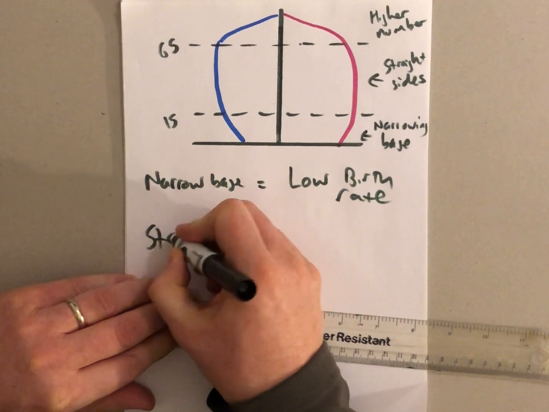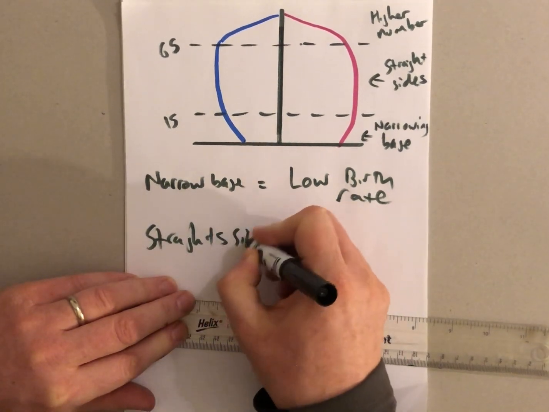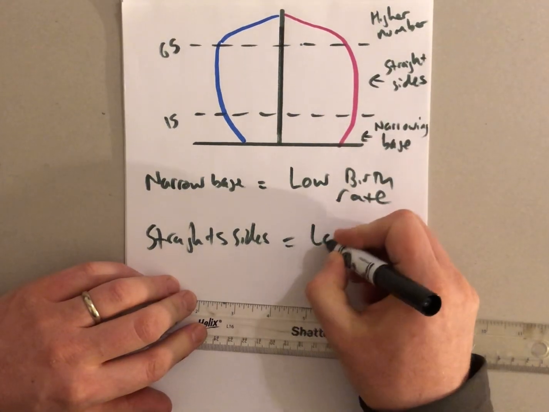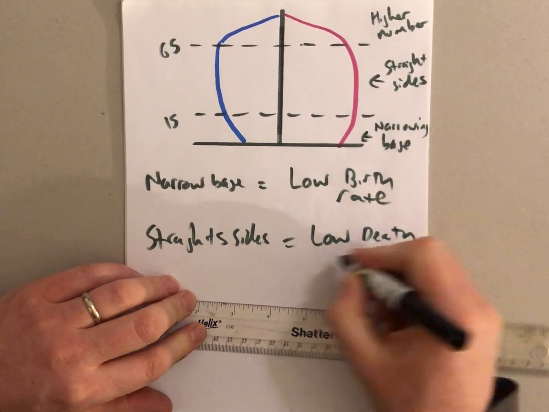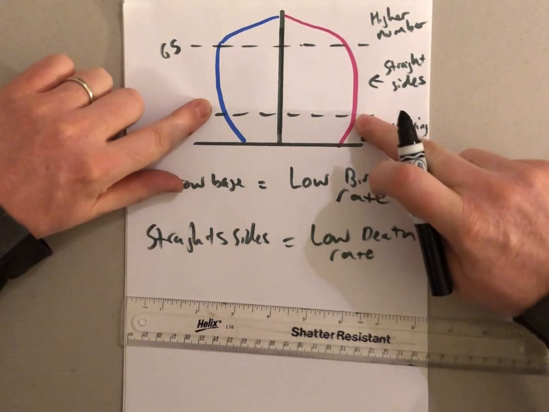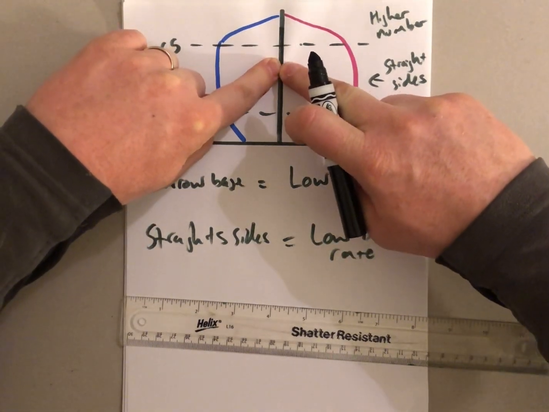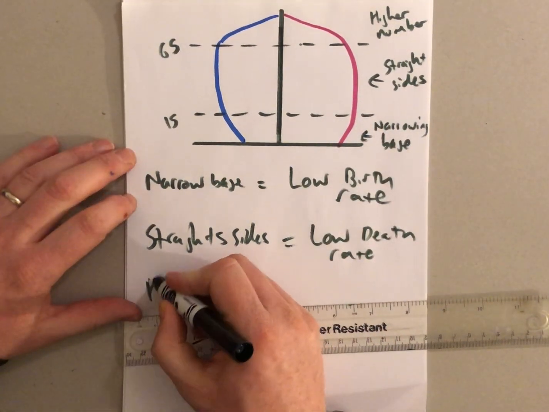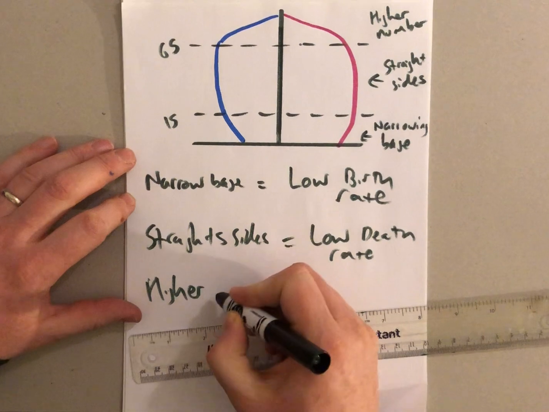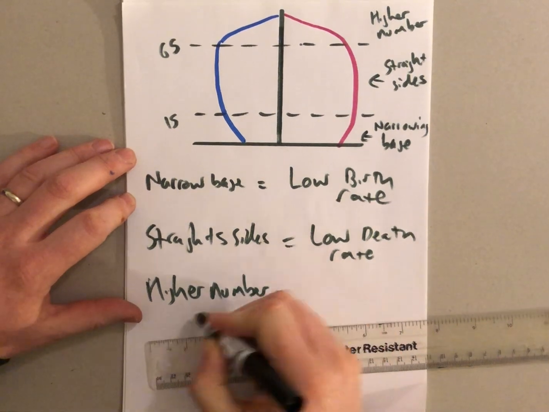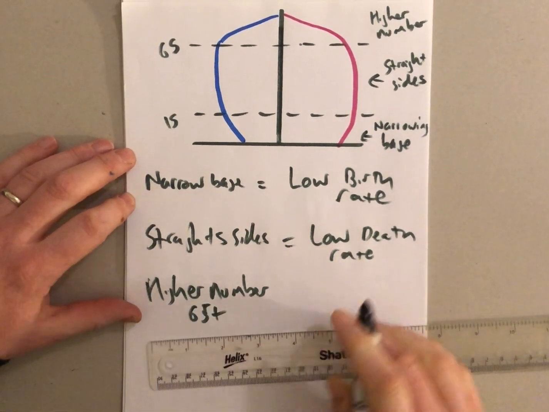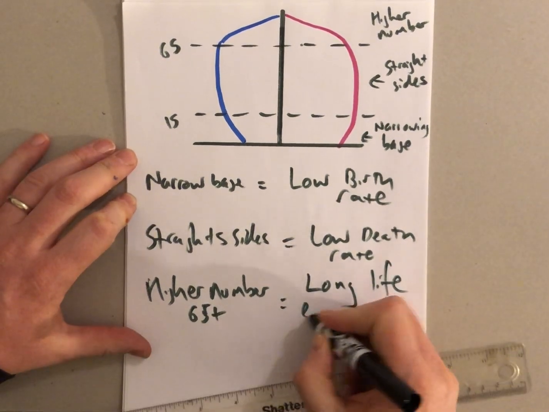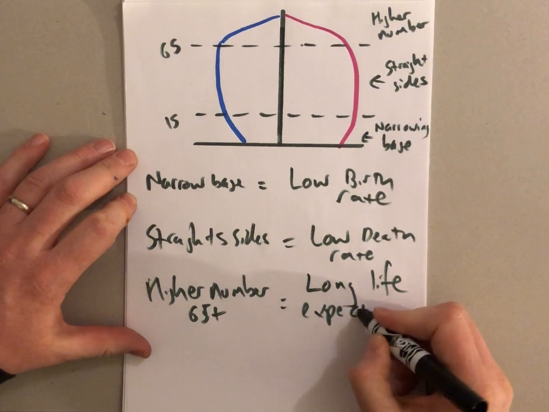The straight sides are telling us that people aren't dying. We've got a low death rate. If people were dying, then we would expect to see the graph narrowing towards the middle. Where we've got a higher number 65 plus, that's telling us that we have a long life expectancy.